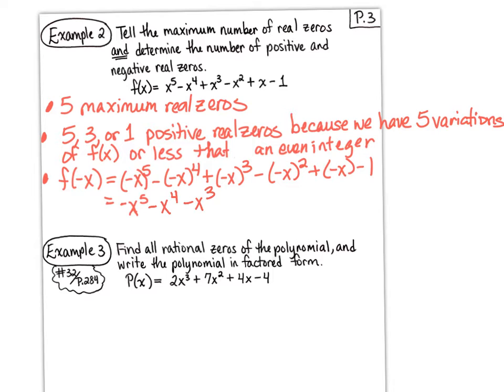Then what? Minus x, minus 1. This is what you get for f of negative x. So what can you say here? There are 0 negative real zeros, because there are no variations.